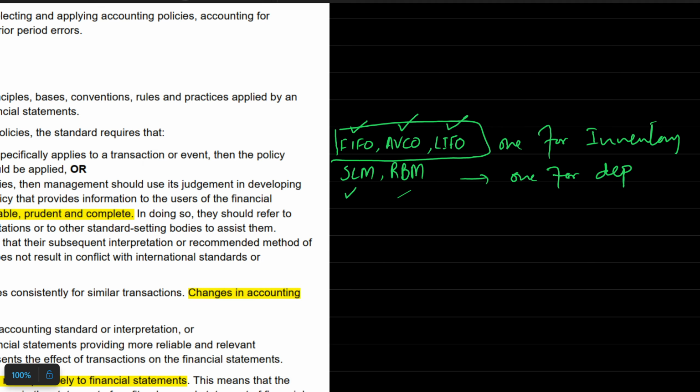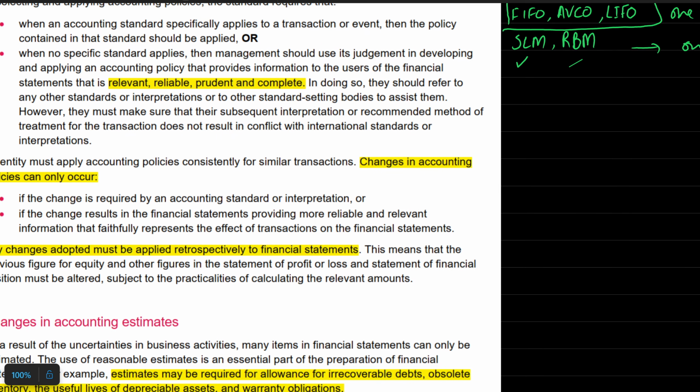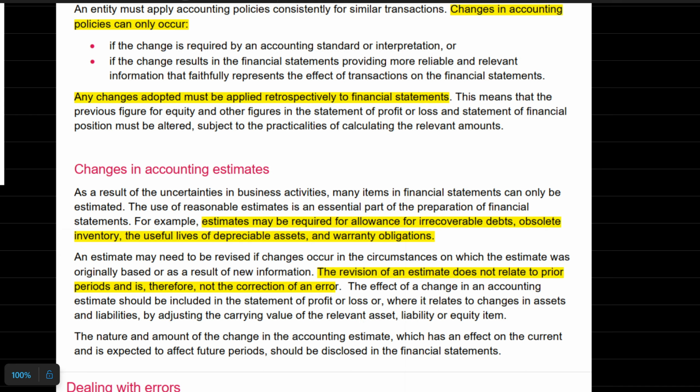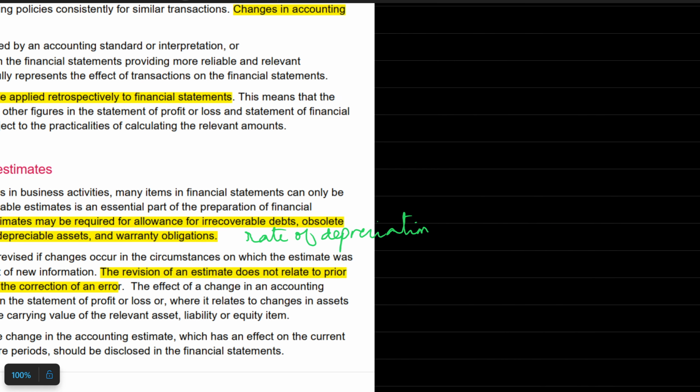And what is accounting estimate? Accounting estimate is determining useful life of asset, rate of depreciation, rate of provision for doubtful debts.